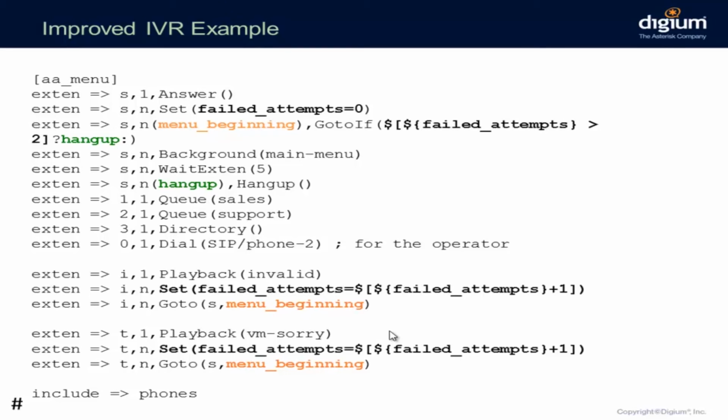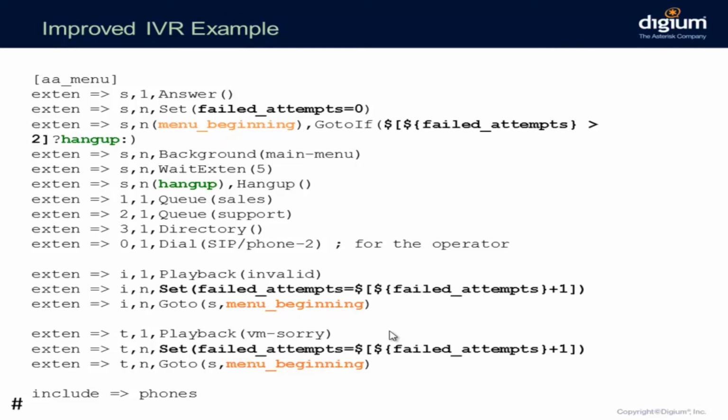So GotoIf: is fail attempts greater than 2? No, right? So it doesn't have a destination. That means it's going to continue to the next priority. So thank you for calling my company, whatever, press 1, 2, 3. Let's say that they made a mistake again. They pressed 9. It's going to here.